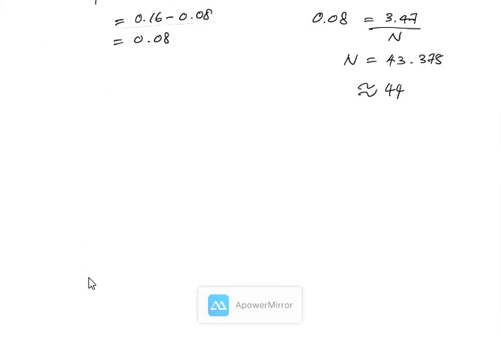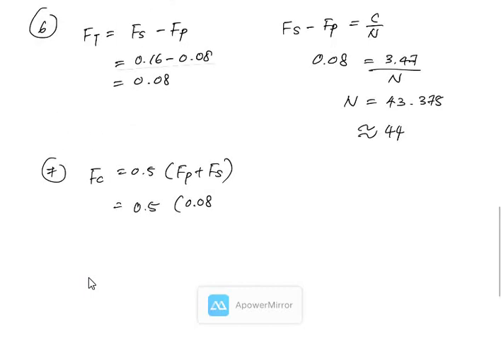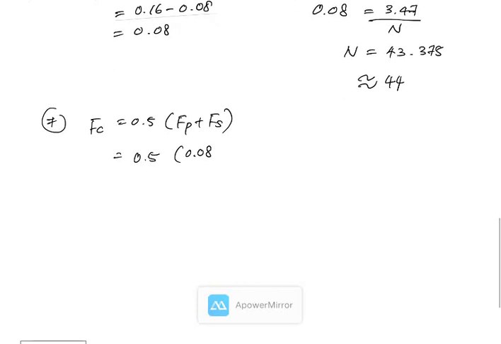Okay, after you find the N, you find the cutoff frequency. That is Fc equal to 0.5 times (Fp plus Fs). So Fp is 0.08 from the calculation, and Fs is 0.16. This is equal to 0.12.